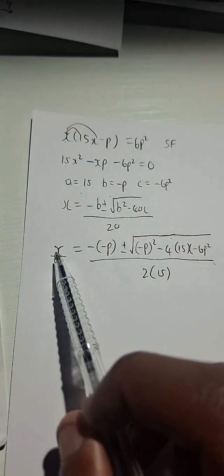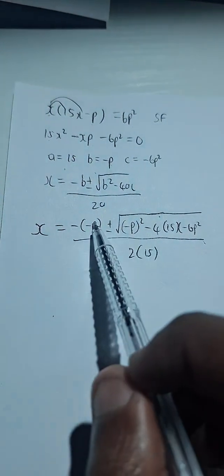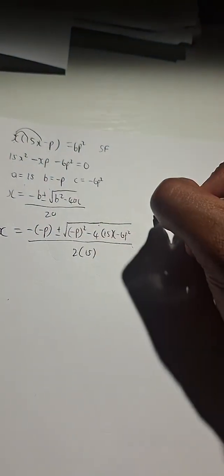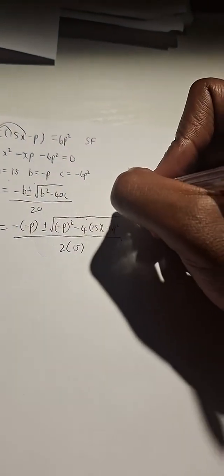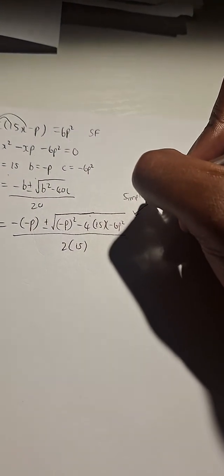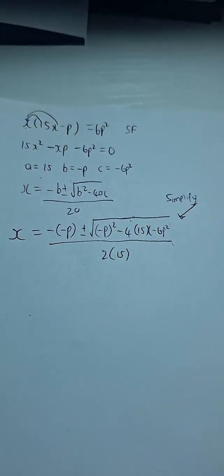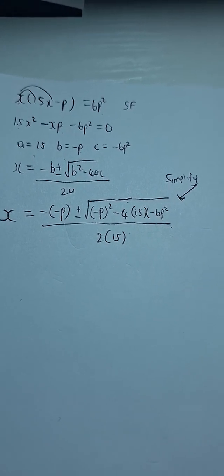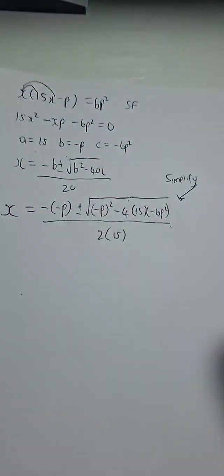So my roots or my solutions are definitely in terms of p. But what I'm going to do is make sure that I simplify this as far as possible so that my roots in terms of p are simplified and not left untidy.